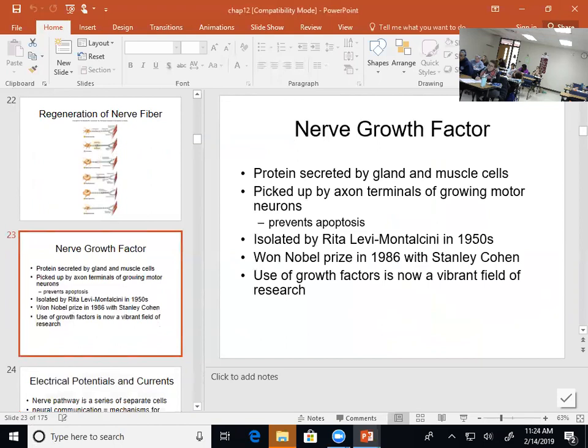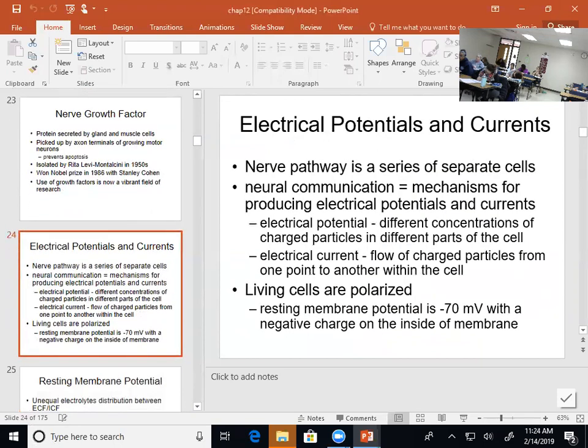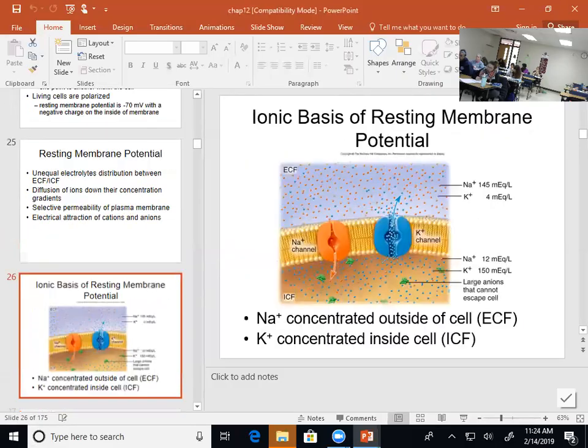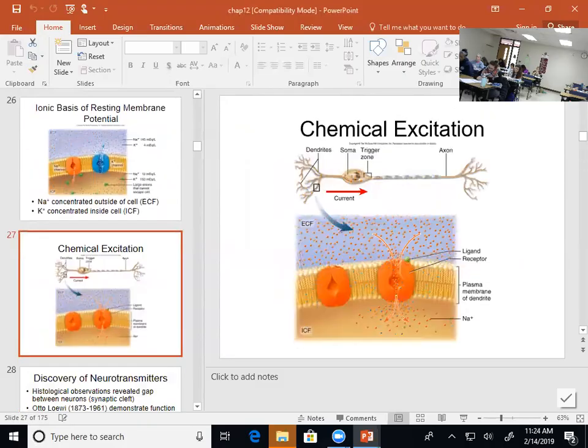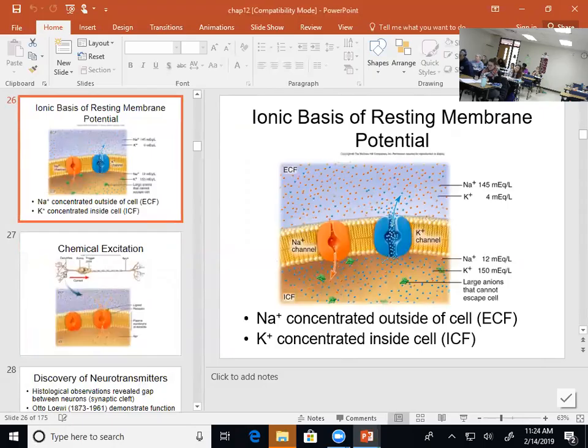Nerve growth factor, we said, is going to be important in keeping the synapses healthy. So when I talk about action potentials and resting membrane potentials, we're thinking about what's outside the cell, the extracellular fluid, compared to the intracellular inside the cells. We've got these membranes with very specialized receptors.